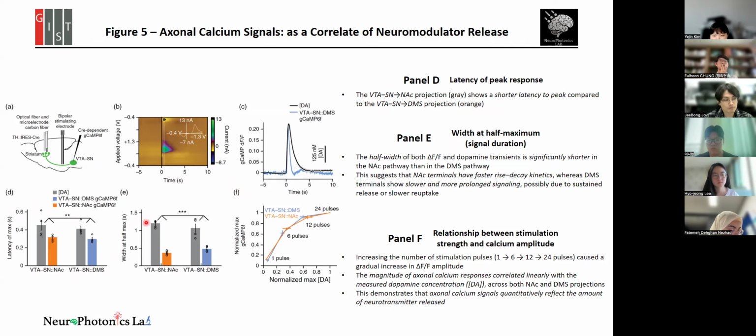And the half-width of both fluorescence and dopamine is significantly shorter in the NAc pathway than in the DMS pathway. And this suggests that NAc terminals have faster rise and decay kinetics, whereas DMS terminals show slower and more prolonged signaling, possibly due to sustained release or slower reuptake.